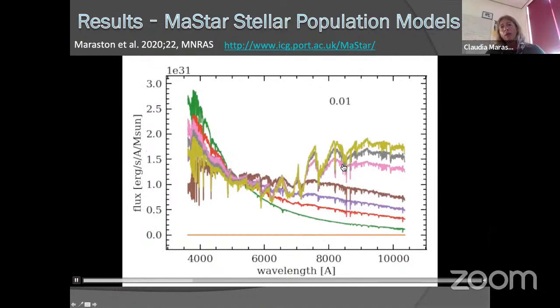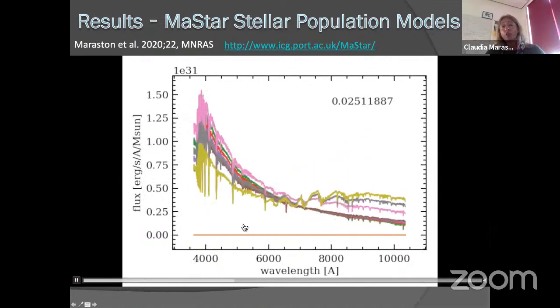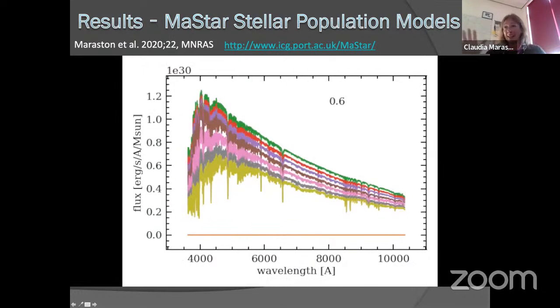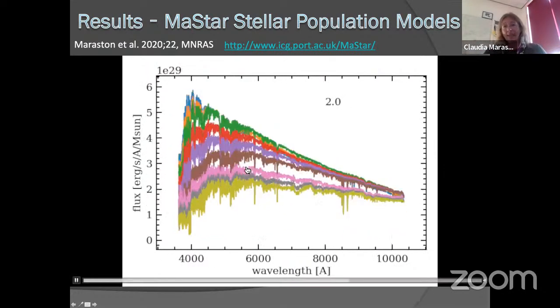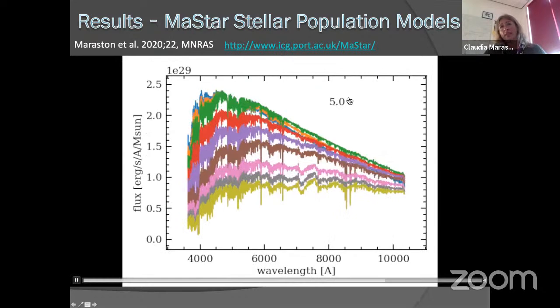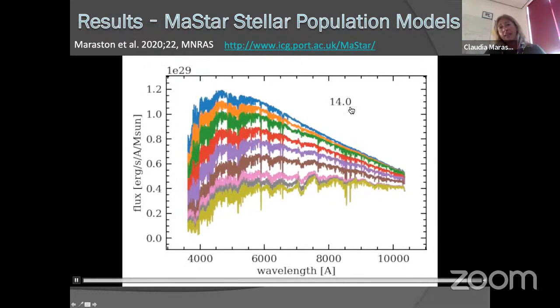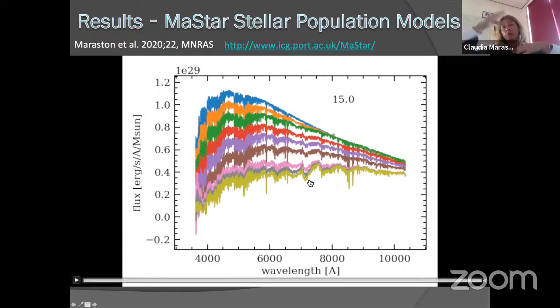See, this pronounced bump is due to red supergiants in a young population, something that will be important at higher redshift. And then the population evolves. We are already at 3 billion years, 7 billion years. You see another thing: with the aging of the population, the effect of the metallicity really opens up.